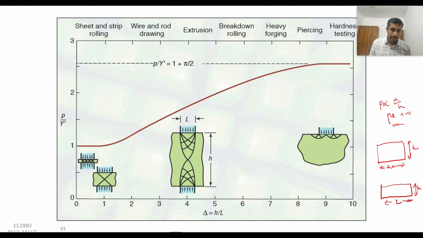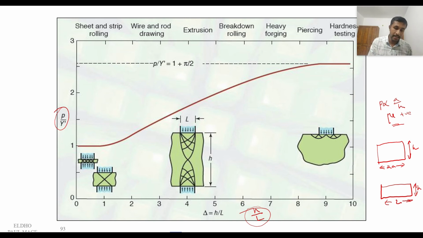But here in this diagram, instead of A by S ratio, the inverse is used in the abscissa, that is S by L ratio. Instead of A, we use L. So here we can see the variation of pressure with respect to S by L ratio.